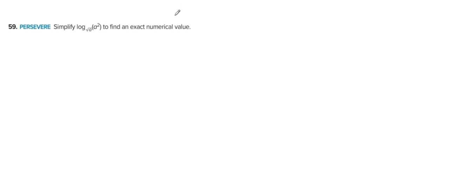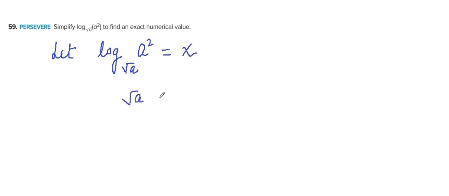They are saying find the exact value of this. So let log a square at the base root a be equal to x. Now the base is root a, and the exponent is a square. Square root means power 1 over 2, so (a power 1/2) to the power x is equal to a square.